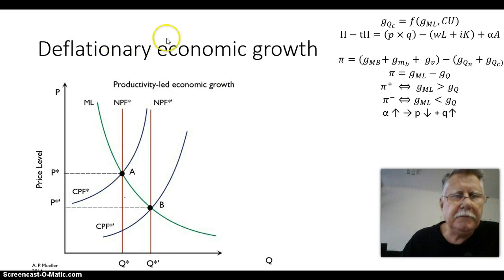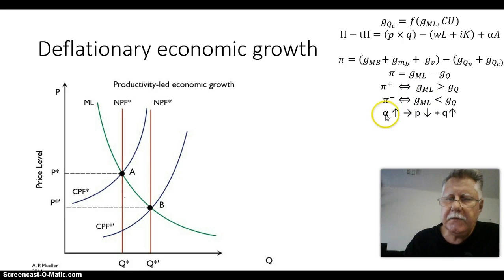Here is our model for deflationary economic growth. It's based on the equation of exchange and on the profit curve, and we come to the conclusion that, simply, if we bring it down to the main points, when macroeconomic liquidity increases more than output, there will be price inflation, and when output rises more than macroeconomic liquidity, there will be price deflation.